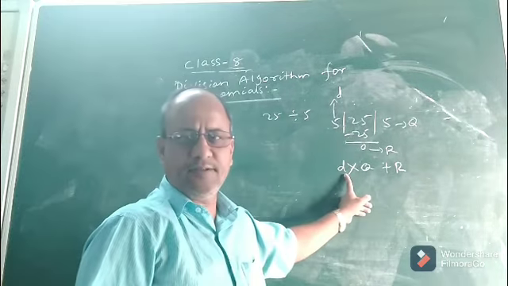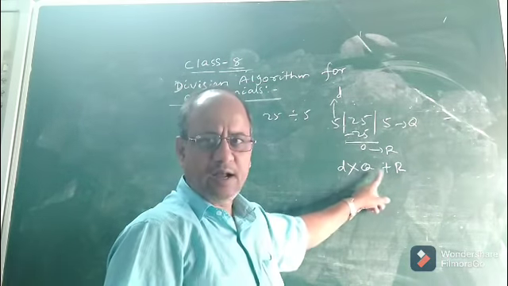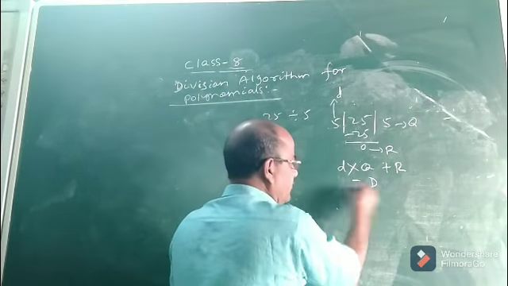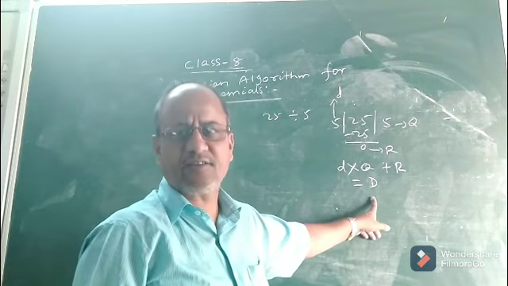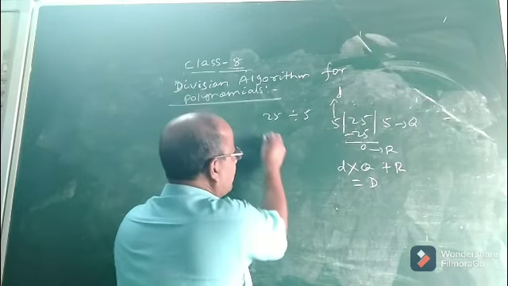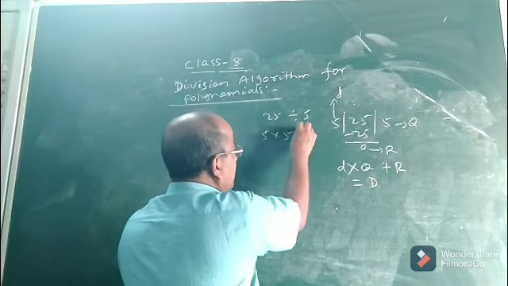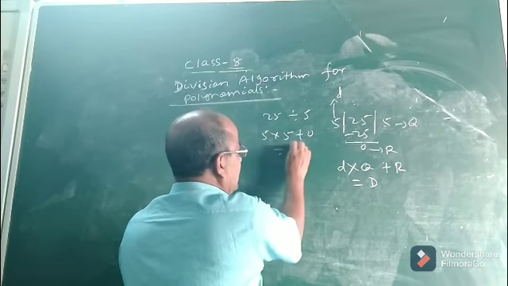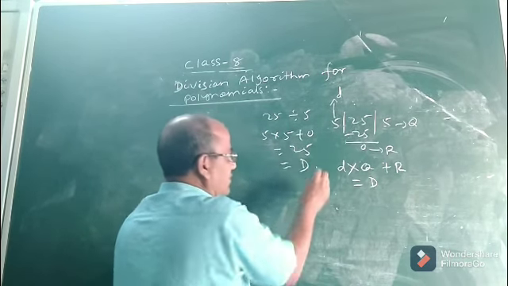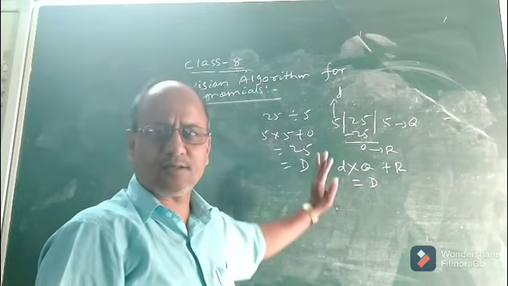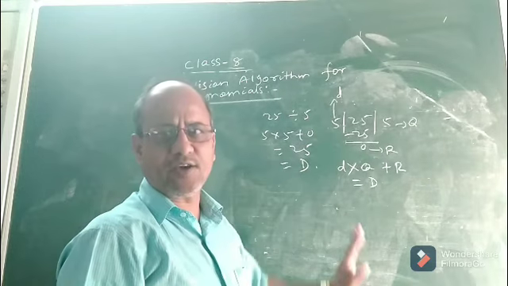If we get the dividend, suppose capital D stands for dividend, then only our division is correct. Here, 5 into 5 plus remainder 0 is 25, which is equal to the dividend, and hence my division is correct. This was the process to verify division.